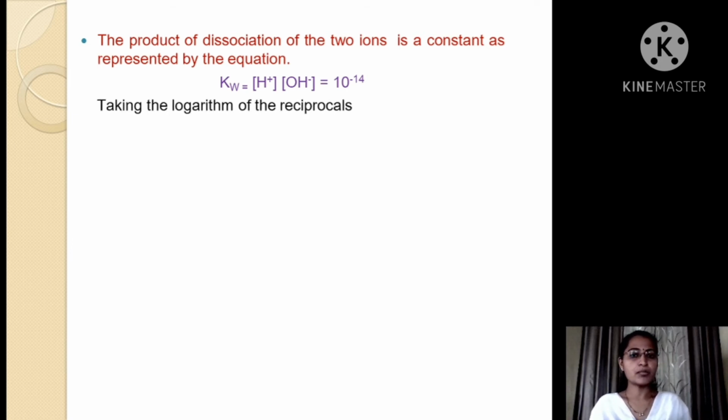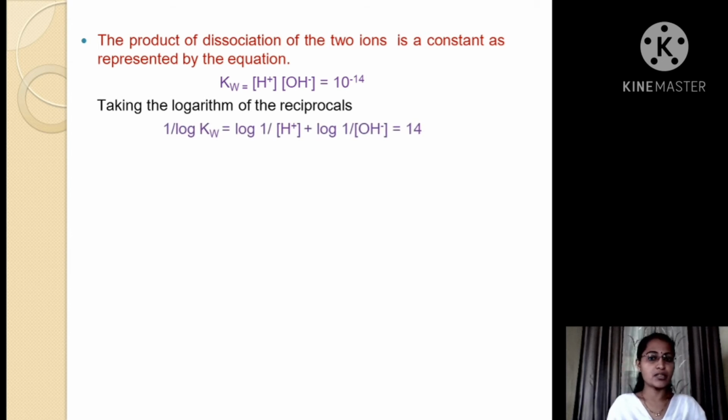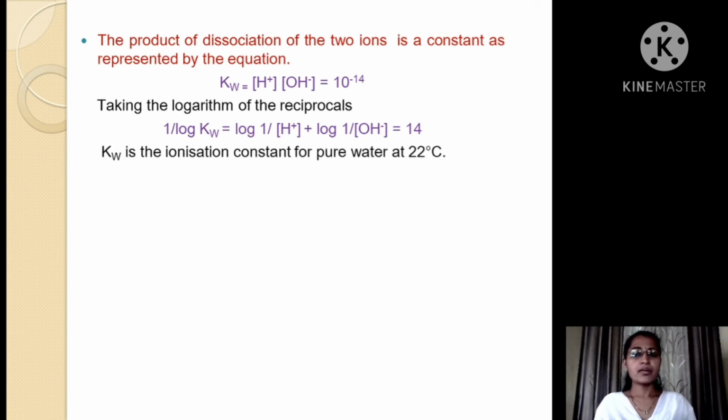Taking the logarithm of the reciprocals, what we get? log of 1/Kw = log of 1/[H+] + log of 1/[OH−] = 14, where Kw is the ionization constant for pure water at 22 degrees Celsius. Now then we see the pH values.